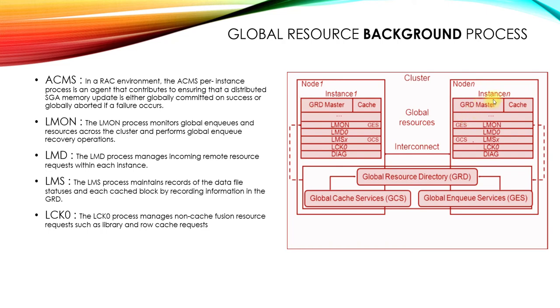When node 2 is requesting block 1, if it is not available on node 2 but is available on node 1, Oracle knows it does not have to go to disk and fetch the particular row, because that is a memory and resource intensive operation. So using the interconnect, it makes a request to LMD, and LMD pushes that block.